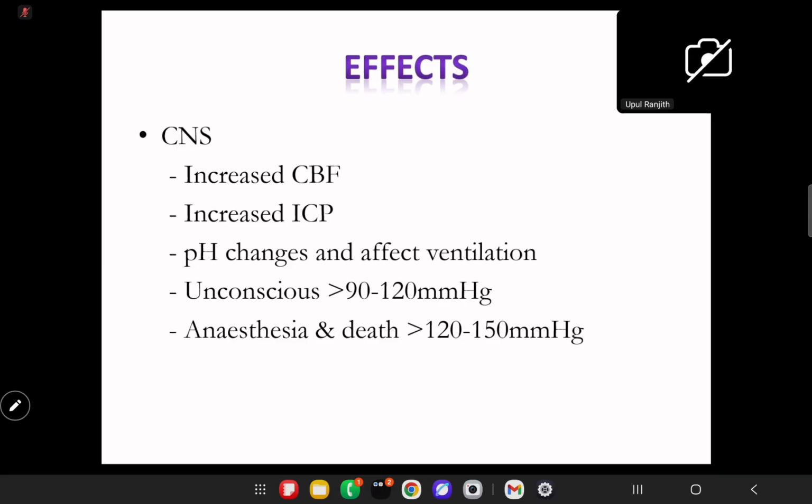Then unconsciousness when it is over 90 to 120 millimeters of mercury. Then anesthesia and death when it is above 120 to 150 millimeters of mercury.